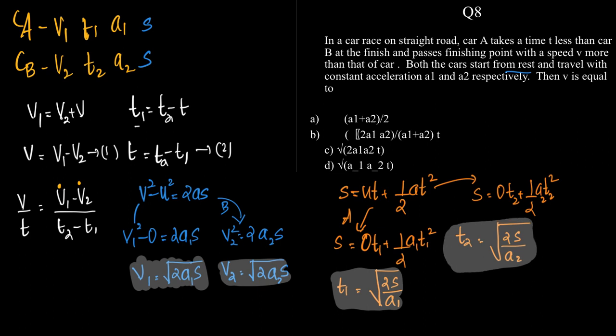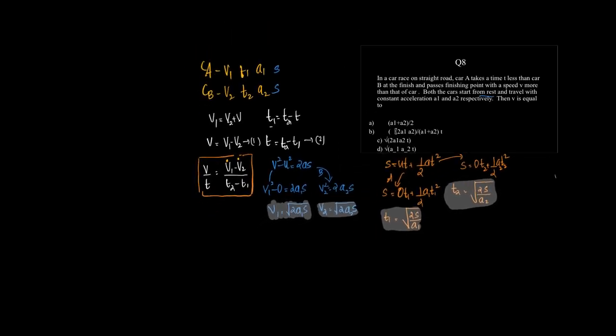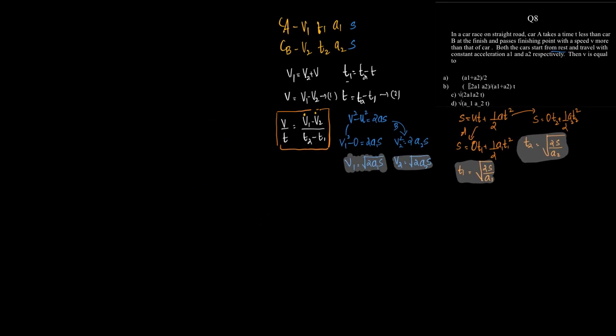So if we have all these, what can we do? We can substitute in this derived equation, V by T is equal to V2 minus V1 upon T2 minus T1. Let us see what we get if we do that. V by T is equal to, what is V1?